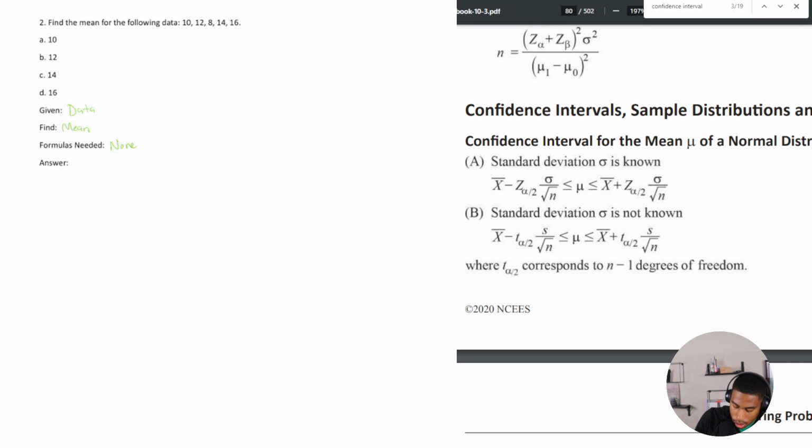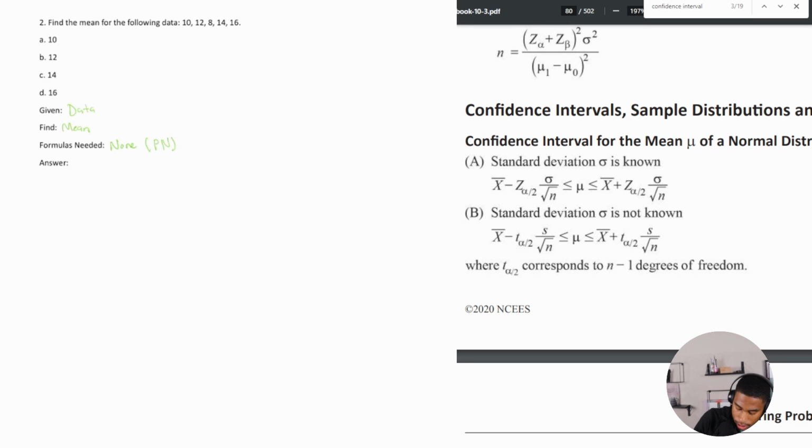None. You need some prior knowledge. Hopefully you do know how to calculate the mean. It's just the values added up divided by the total number of values. So we'll look at this.